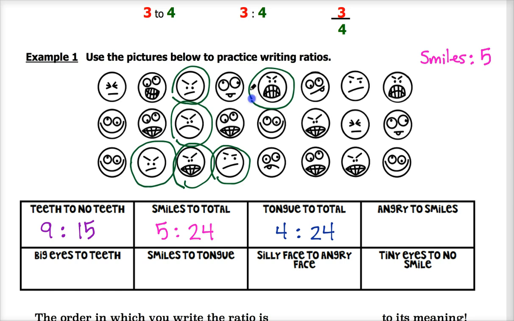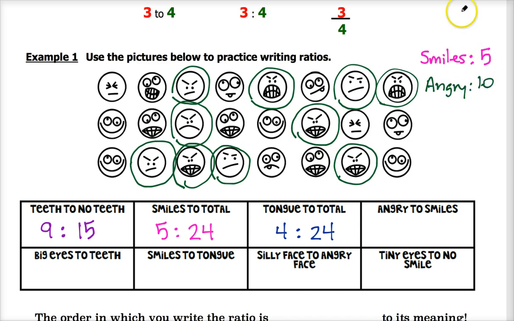This is an angry face, 6, 7, 8, 9, and 10. So I'm going to say that there are 10 angry faces here in this collection. And then we already know there are 5 smiley faces, so that ratio I'm going to say is 10 to 5. Angry to smiles is 10 to 5.